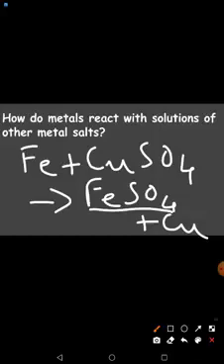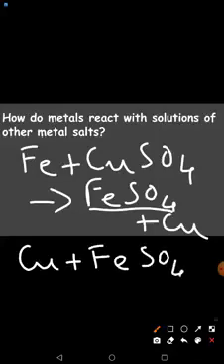Now the other one, that is test tube B. What are the two things taken there? Copper in FeSO4. Here no reaction takes place, because when you look at the reactivity series, you will find iron placed above copper, right?